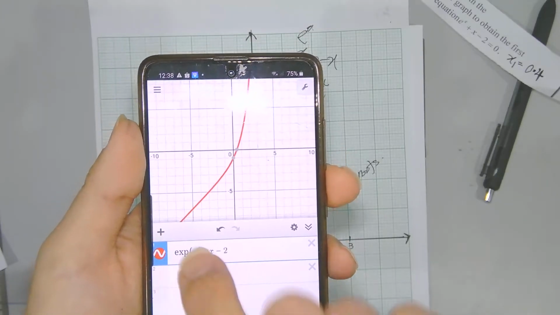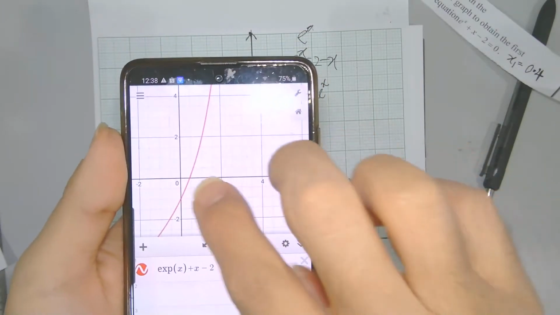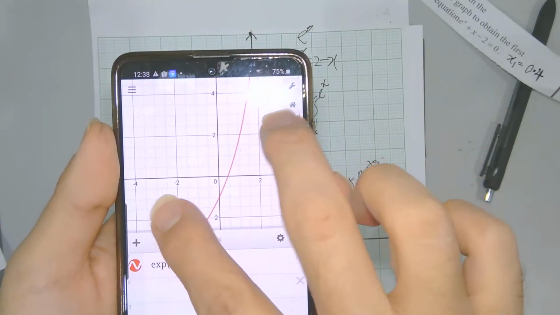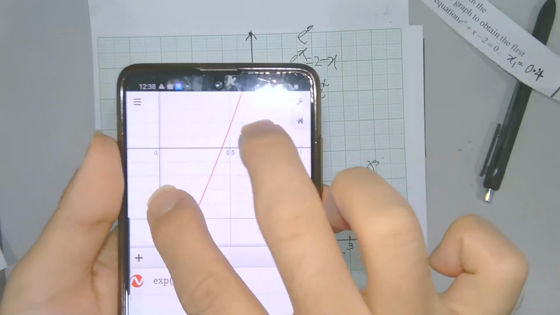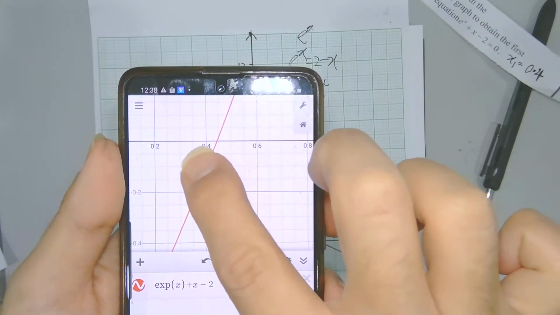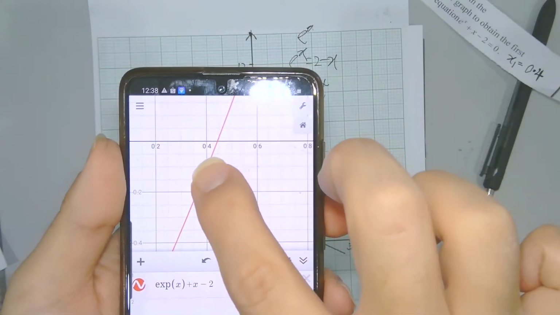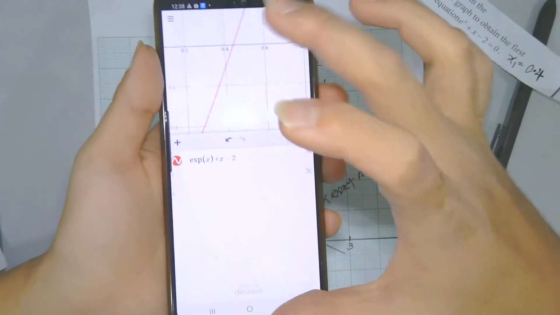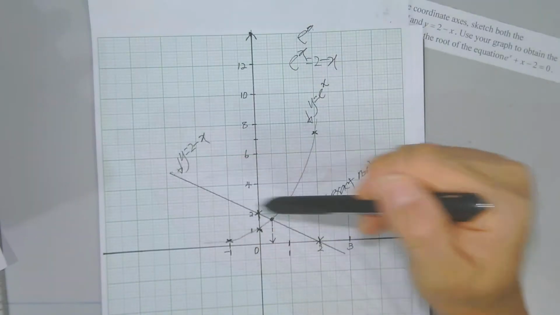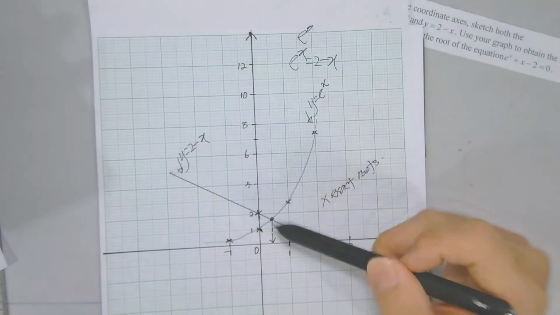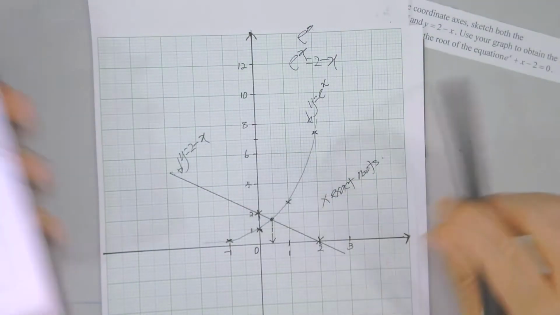Now based on this equation, the graph, if I keep zooming, can you see that the root is not 0.4? Using graphical sketching, I can see it's around 0.4.